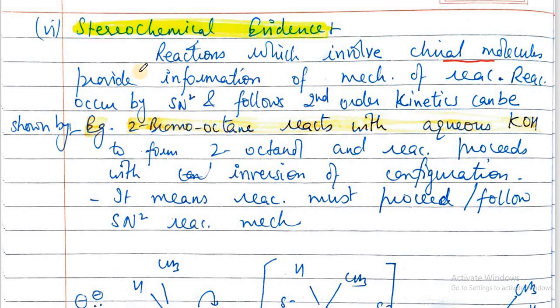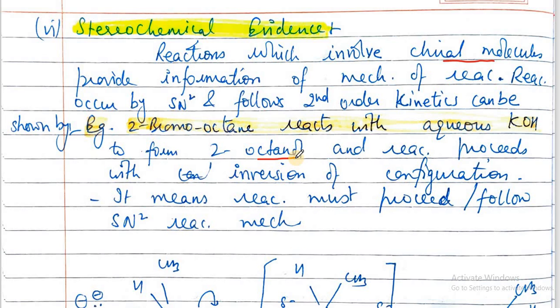That the reaction occurs by SN2 and follows second order kinetics can be shown by this: suppose we have a reaction, that is 2-bromooctane reacts with aqueous KOH to form 2-octanol. Now in this reaction, what the reaction mechanism will be, and what stereochemistry the final product has, can all be explained.